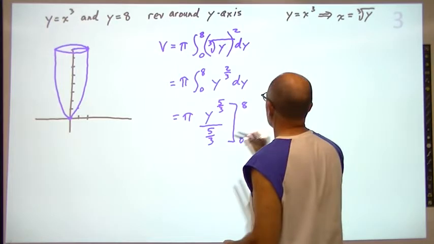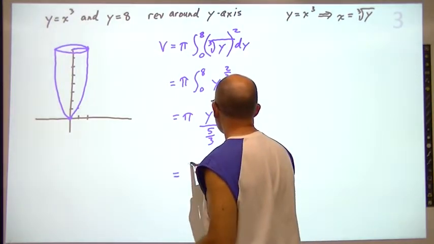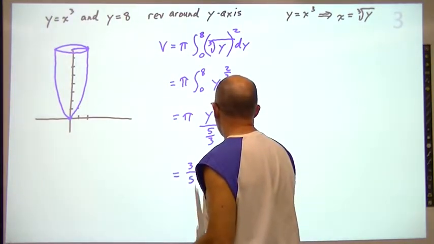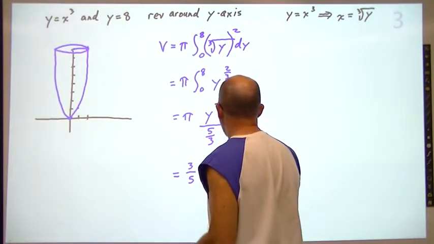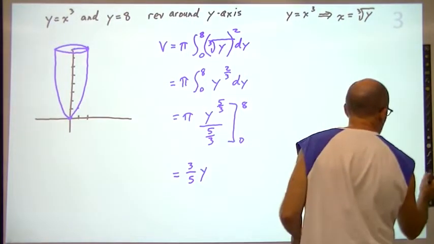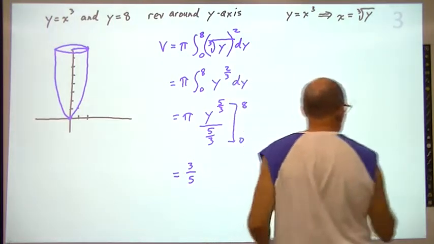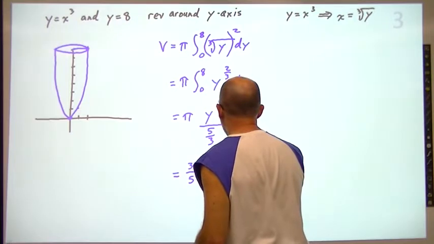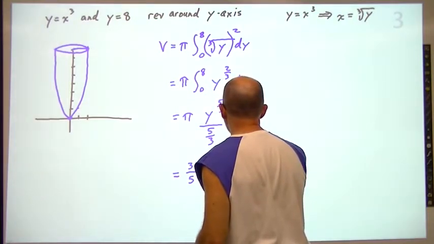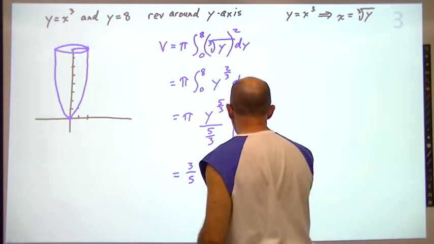So this equals 3/5 pi times y to the 5/3 from 0 to 8.